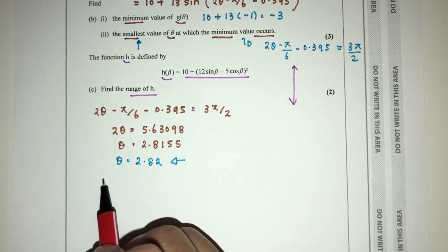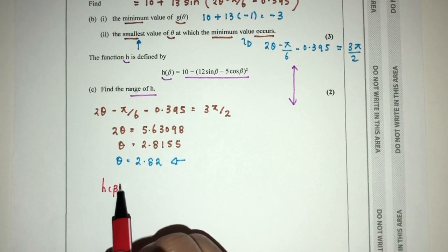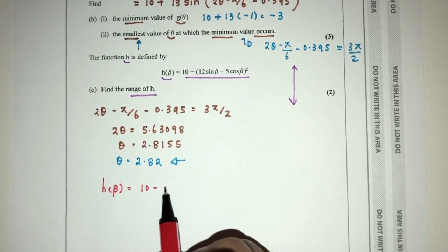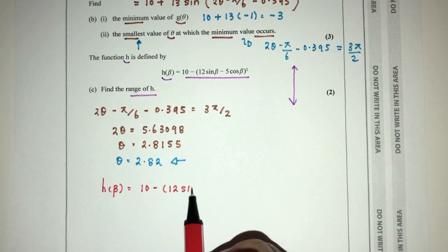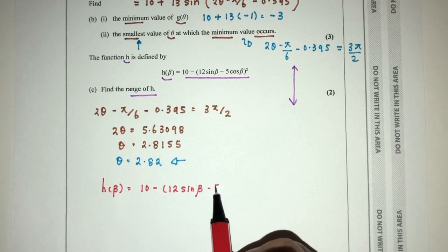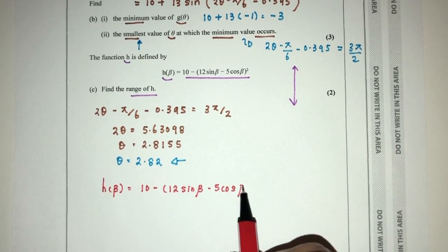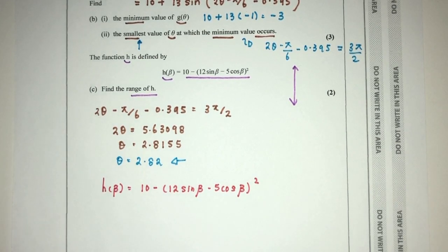So we're given that h in terms of beta is equal to 10 minus 12 sine beta minus 5 cos beta squared. Now again, wait a minute, we have seen this somewhere, right? We have seen this from part 1.